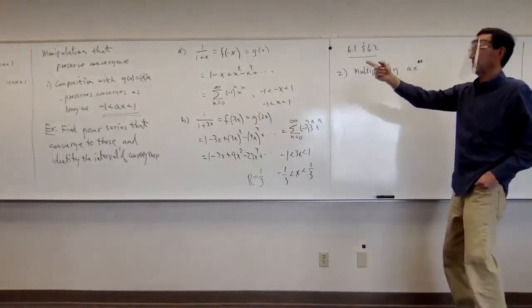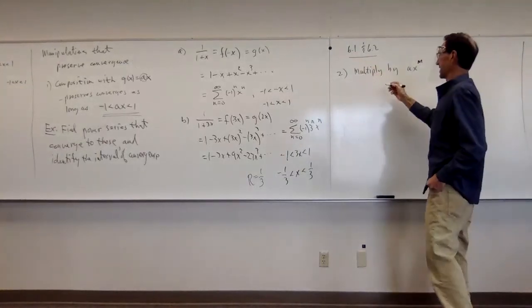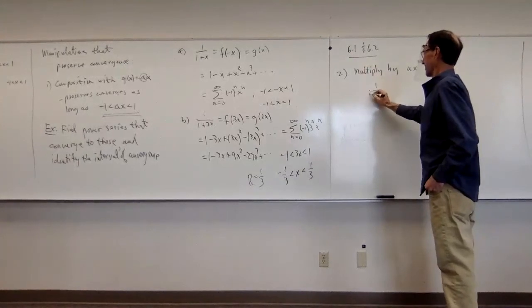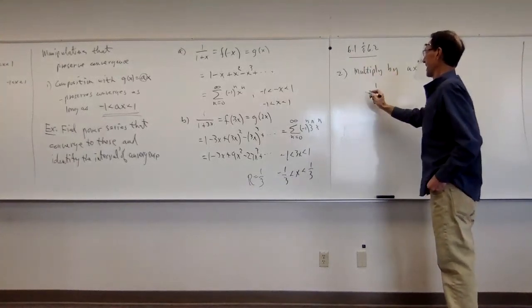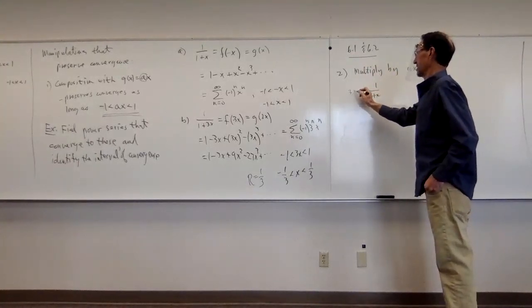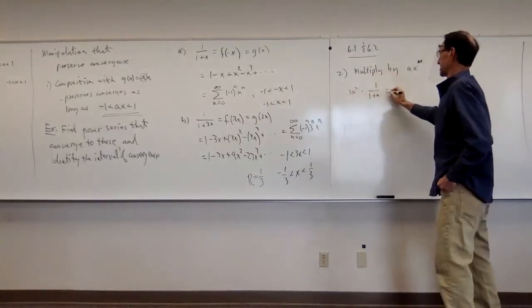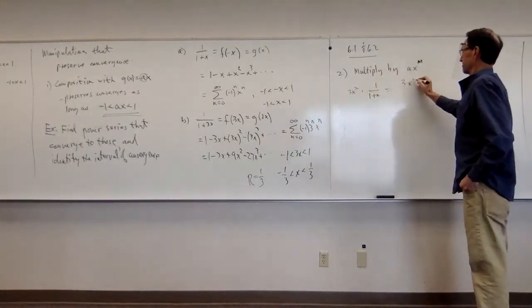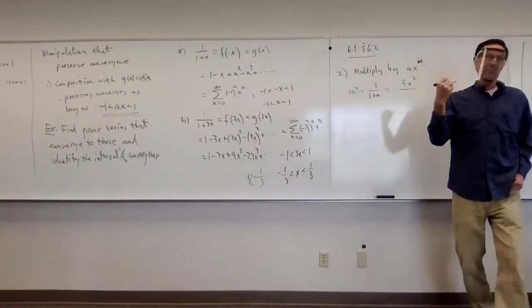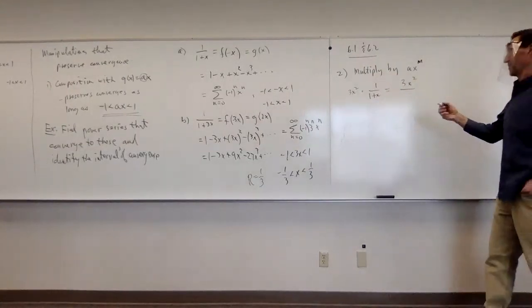We're going to take a function we know. Let's pick on the second one again. And then I'm going to multiply it by something like 3x squared, which gets me the new function, new in the sense that we don't know a power series for it.